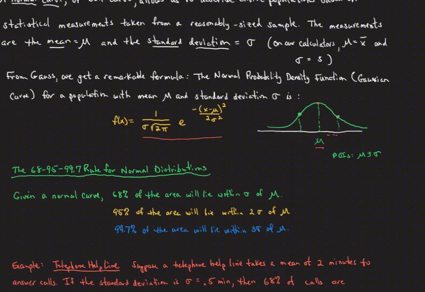The standard deviation sigma is the distance that we go on either side of the mean, and that's where we get inflection points on those curves. So here's a bell curve. The bigger or smaller the standard deviation is, it will horizontally stretch or shrink that normal curve. And the mean is going to translate where that peak occurs.